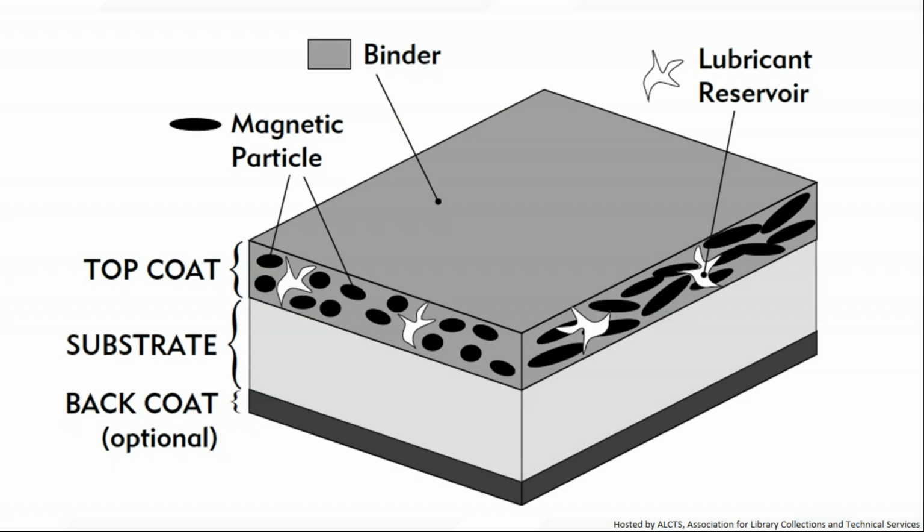This is just a quick cross-section of what magnetic tape looks like, where you can see the top coat contains the magnetic particles that are being read by that video head and then turned into visual output.